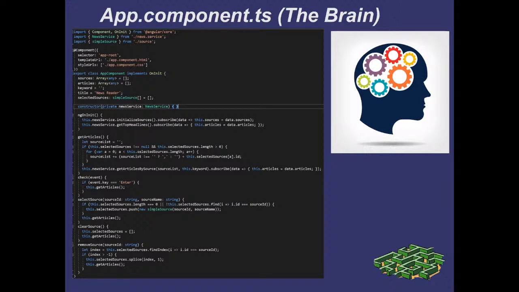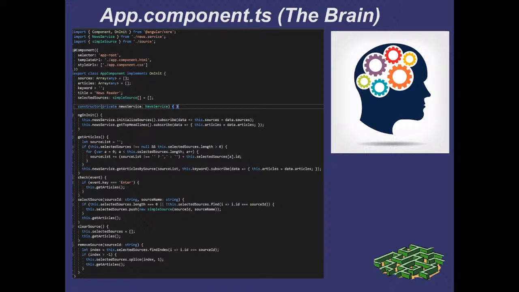By default, JavaScript is synchronous, which means step 1, then step 2, then step 3, then step 4, on and on. But with asynchronous processing, we're able to go from step 1, send off a process and wait for it to come back, continue with step 3, step 4, step 5, and whenever this comes back, then we can do something with that information that went off and came back. So that's what this subscribe does, is it waits for that result to come from the server, and then we populate our sources array, and that's just the list of available sources.